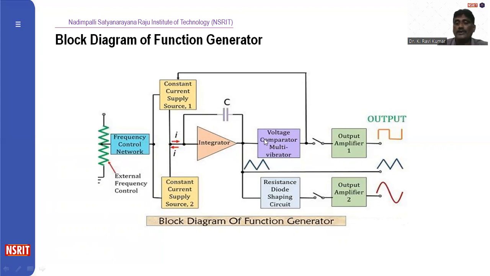If the comparator value decreases to the predefined value, the integrator is connected to constant current supply 2, and then we will get the sine wave. Right. With the help of the resistance diode shaping circuit, we get the sine wave. We will discuss all these blocks in brief one by one.